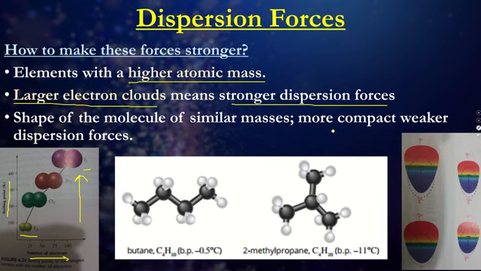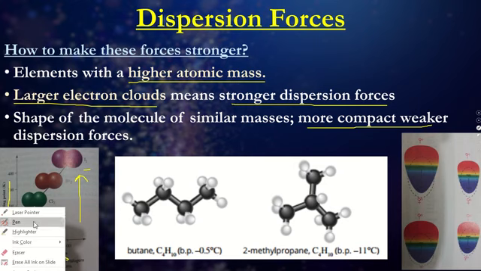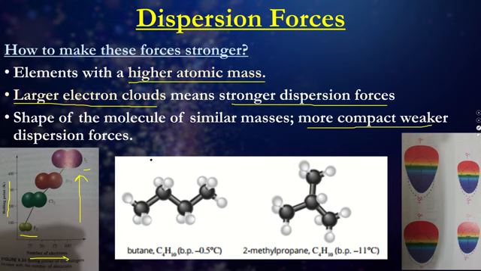The other thing that also counts is how compact the element or the compound is. If they have a similar mass, so butane is C4H10, and then we have 2-methylpropane, which is again C4H10.